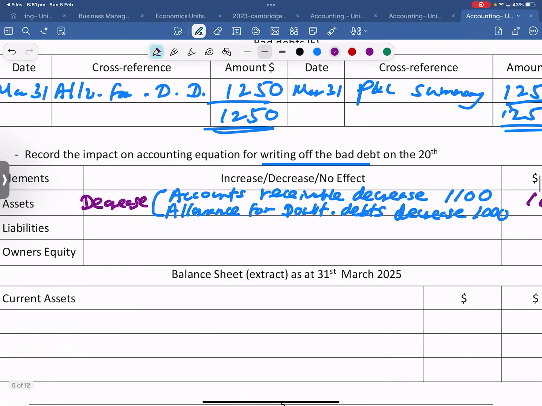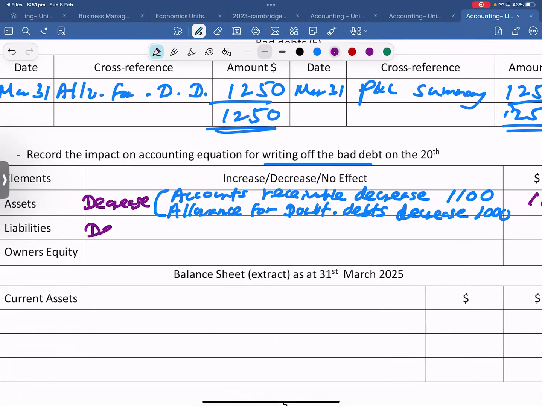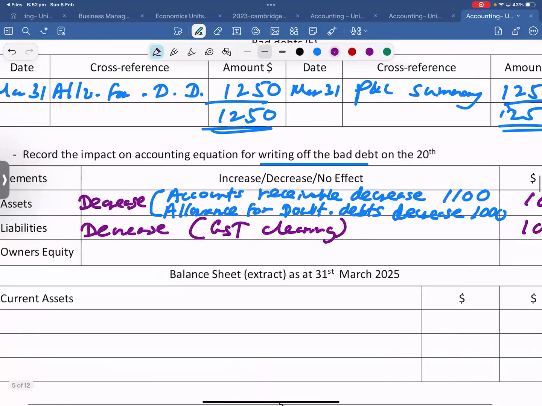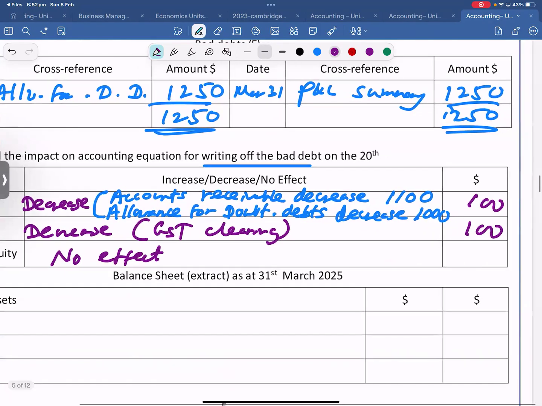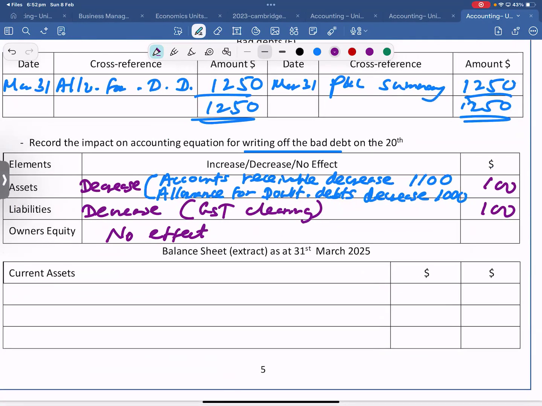On the other hand, liabilities, no effect, decrease, which is GST clearing 100, and then what's the impact on the owner's equity? No.